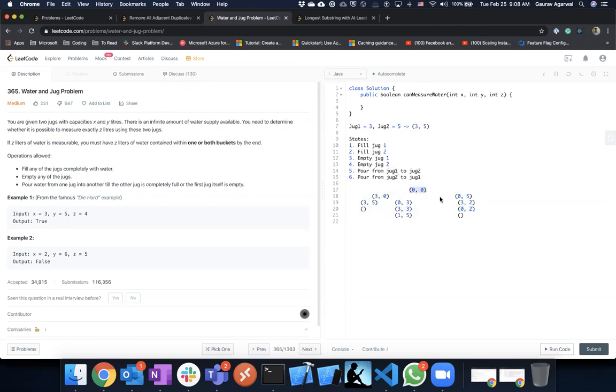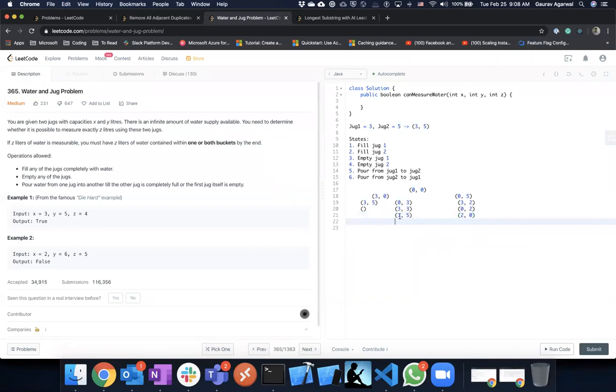Pour water from jug 1 to jug 2, jug 1 is empty, we cannot do that. Pour water from jug 2 to jug 1 will lead us to 2 0, right? So we don't have 2 0 in our system. That's only once.